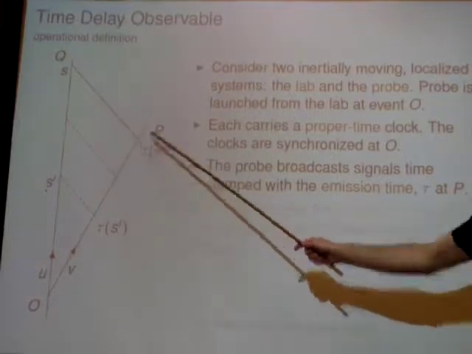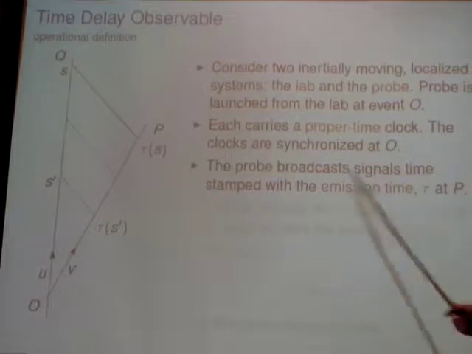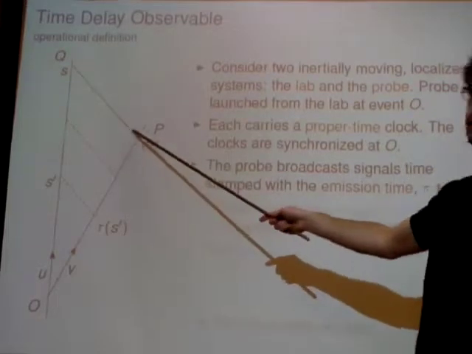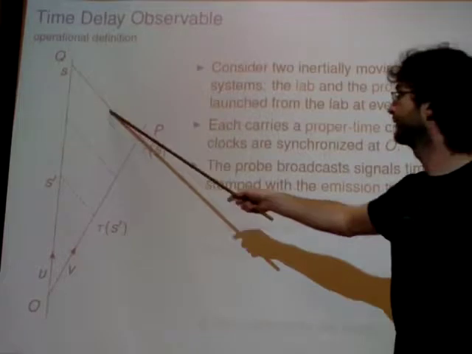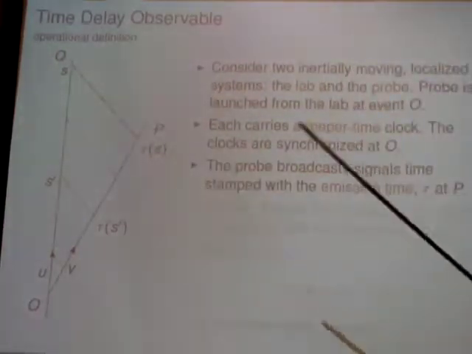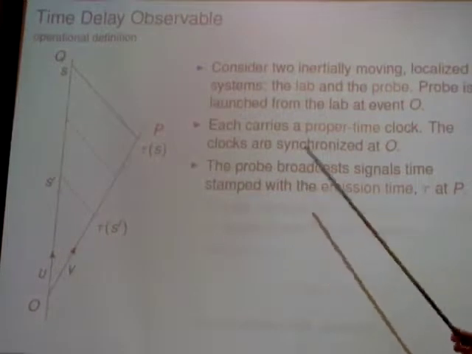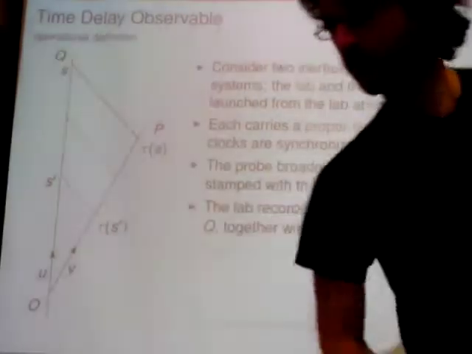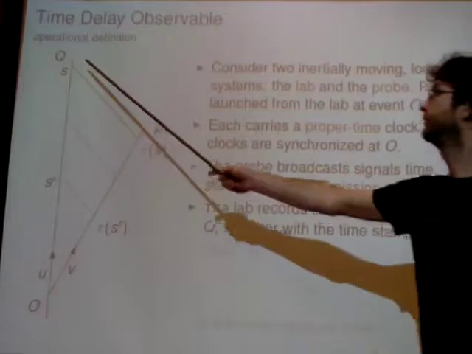So for example, at the point P, the signal is emitted. The signal travels at the speed of light, along the null path here, and it's received by the laboratory at this point Q.